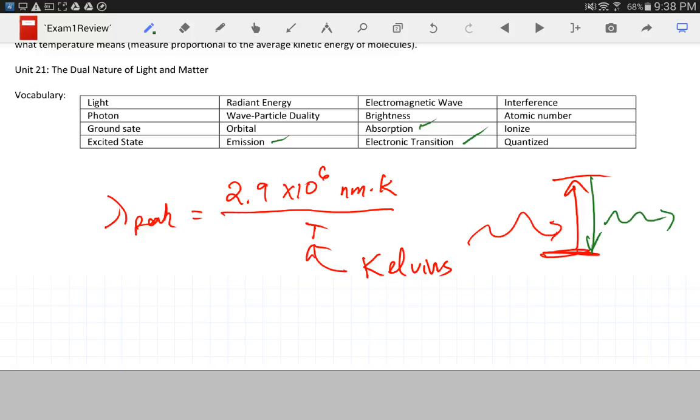The wave-particle duality is that we can treat a wave as a particle or a particle as a wave. So we can treat light as both a wave and a particle, not at the same time, but it has a wave nature and a particle nature. With the wave nature, we're going to define a wavelength, lambda, and a frequency, f.